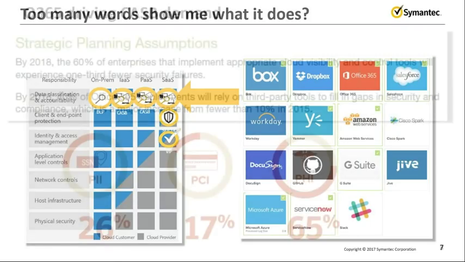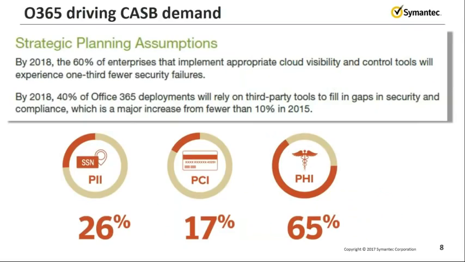So I mentioned the analysts are driving a lot of this. There's a quote here from Gartner from last year, where they talk about the fact that a CASB is an appropriate insurance policy to prevent cloud application failure because of security. Now, that failure could be loss of governance, or it could be a breach, and it'll give you visibility and control over where that data was and what the level of risk is.